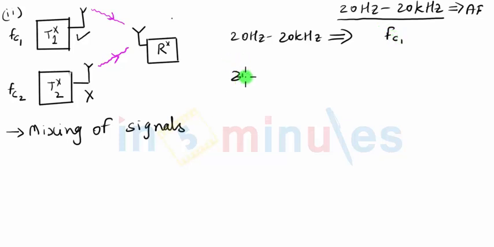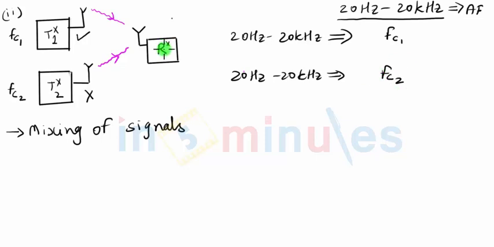When transmitter 2 transmits the signal 20 Hz to 20 kHz, it will first be converted to some high frequency signal which will be present around FC2. Because both the signals are converted to high frequencies, the size of antenna problem is solved, and now the high frequency signals which both the transmitters are transmitting are present in different frequency ranges.